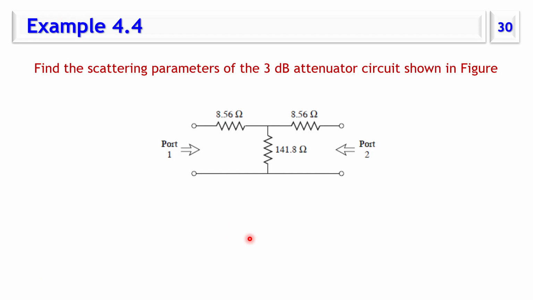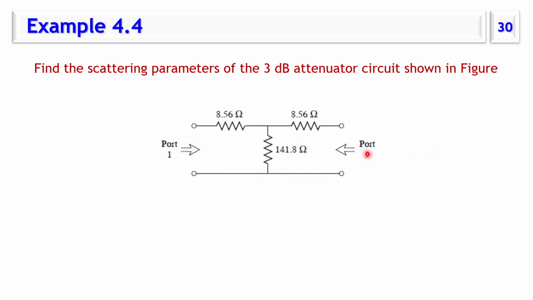Okay, so now we know the definition of the scattering matrix. Let us apply this with an example. We need to find the scattering parameters for this 3 dB attenuator circuit. This is the circuit here, 8.56 ohm, and we have 141.8 ohm here.